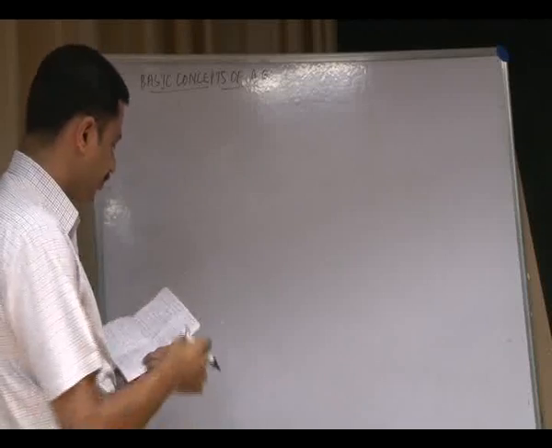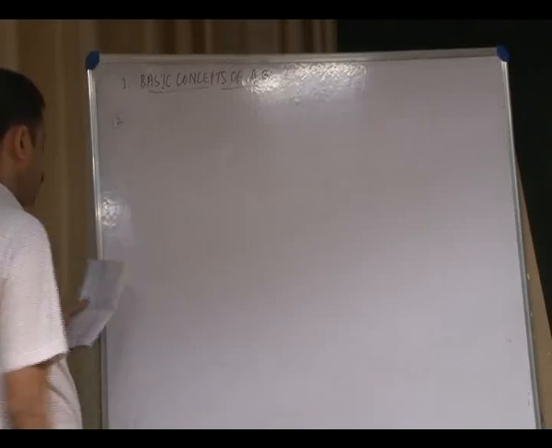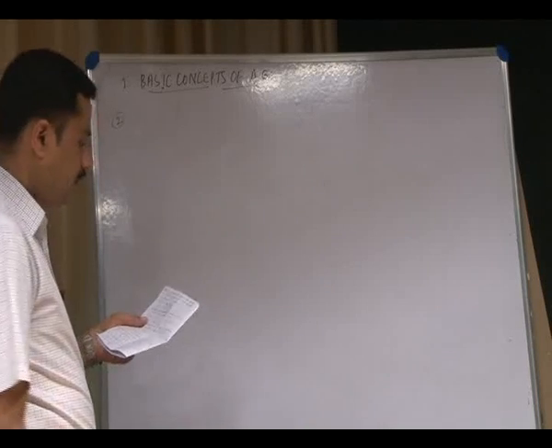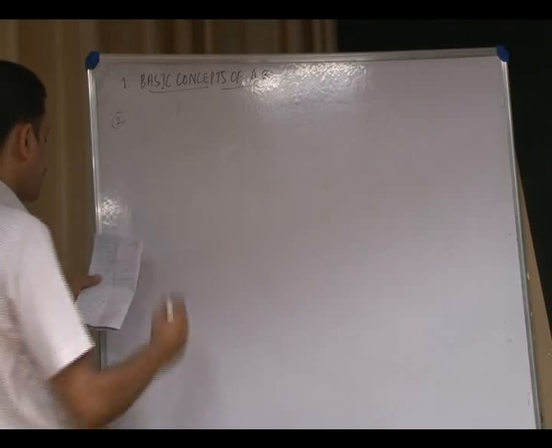Second one. Find the coordinates of the points of trisection of the line joining two points.